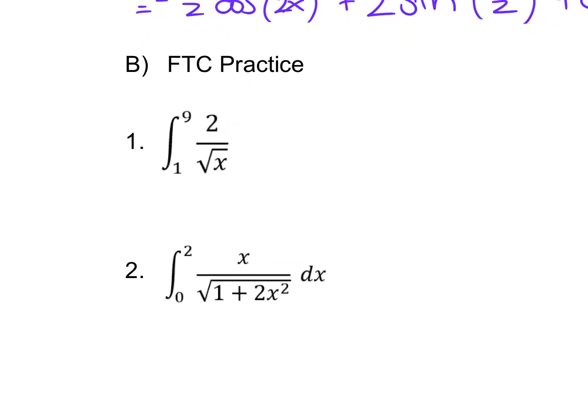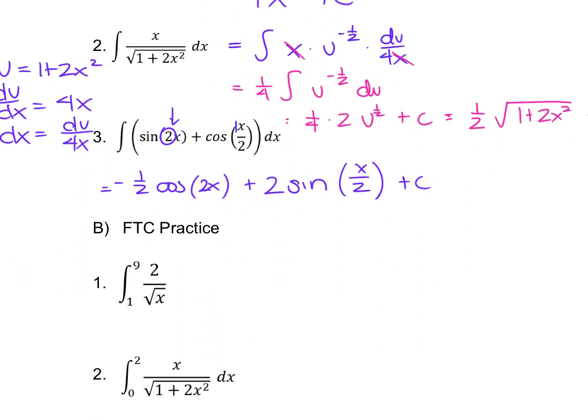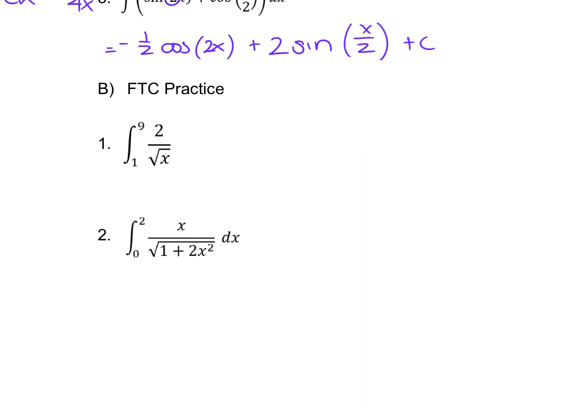If we are asked then to integrate, now this is what we call a definite integral. We learned this at the very end, and that was not even on the half test. So it's just stuff that we're going to continue with then. This is asking to integrate the same thing as number 1, right? Only it's on the interval 1 to 9. So what was the difference that we did?